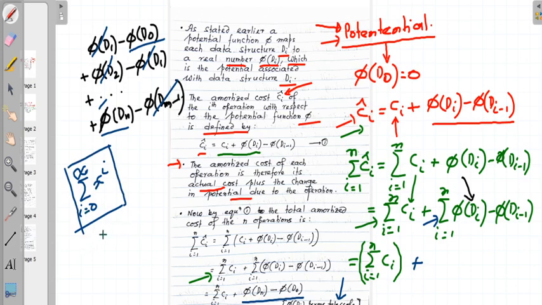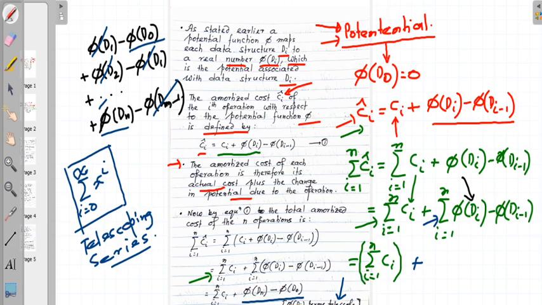Another thing is the method of contradiction and the method of induction, and then this telescoping series is again coming up. The telescoping series is very important in many different scenarios. This thing comes up. And so you see this phi of d_n minus phi of d_0 is there, right?